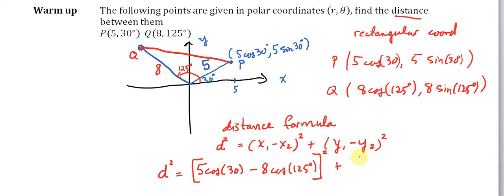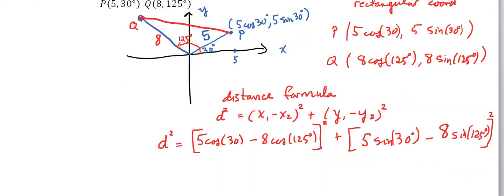Plus y1, which is 5 sine of 30, minus y2, which is 8 sine of 125. If you're not familiar with the distance formula, go back and look at some of the notes in geometry on this. Oh, I forgot a square right here. This should be squared. Okay. So I'm going to put this all into a calculator and then crunch out the numbers.